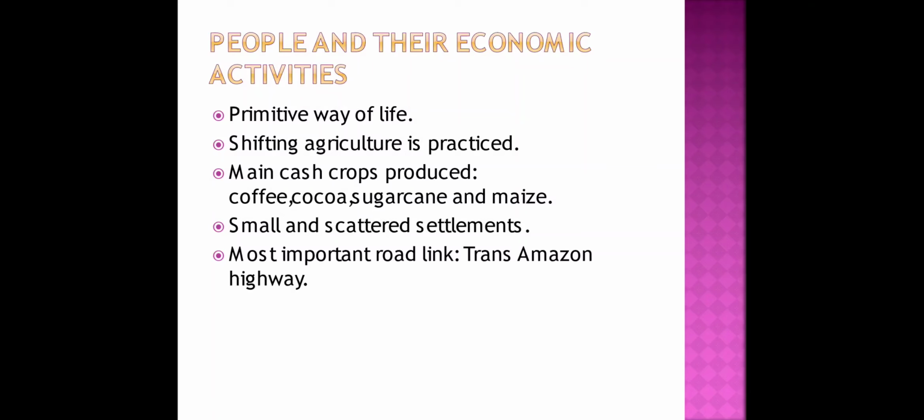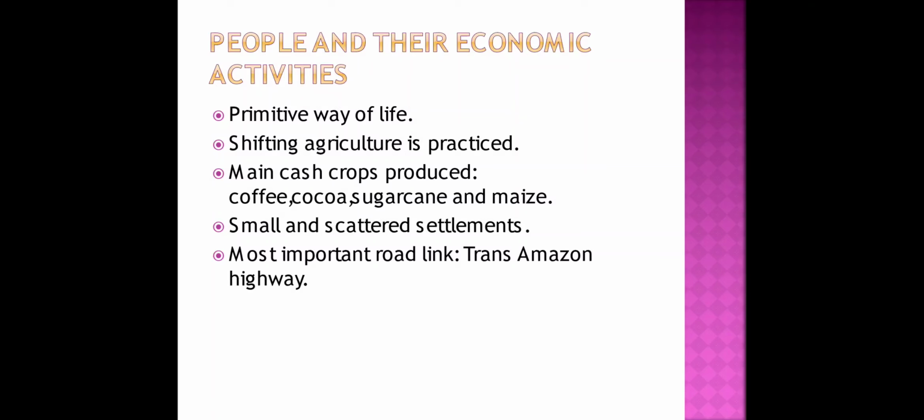We studied about the people, that they had a very primitive way of life, like what you had studied in class 6. Basically, you can relate it to the same, that they used to obtain their food by hunting, gathering and fishing, like what we did in class 6. Then for agriculture, they use the slash and burn method. Okay. Then the settlements were also very small and scattered.